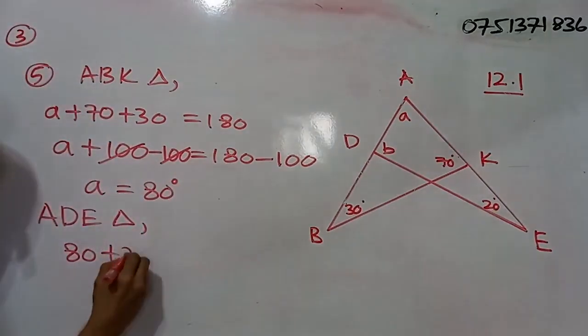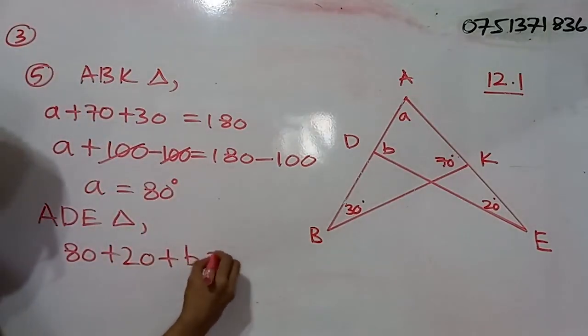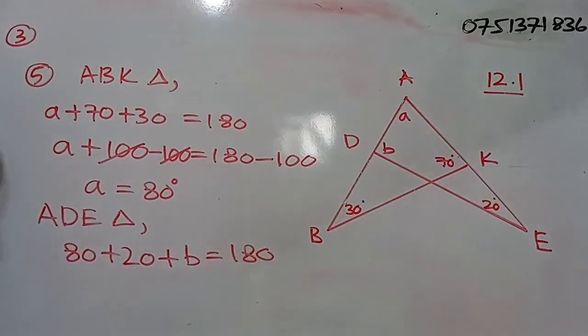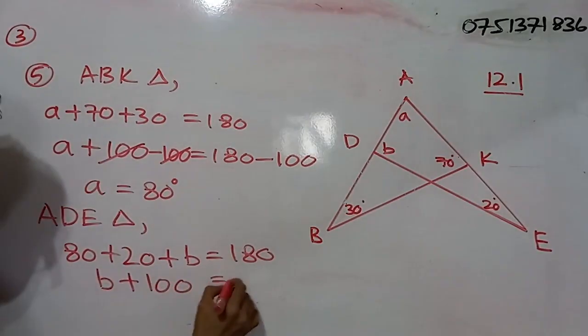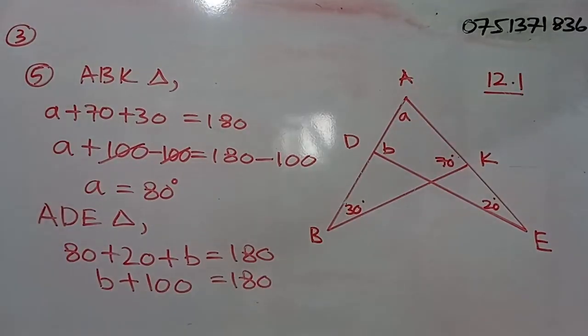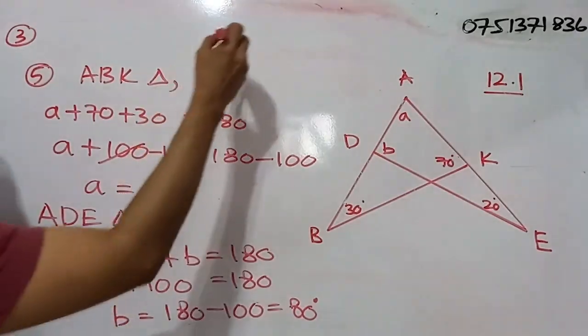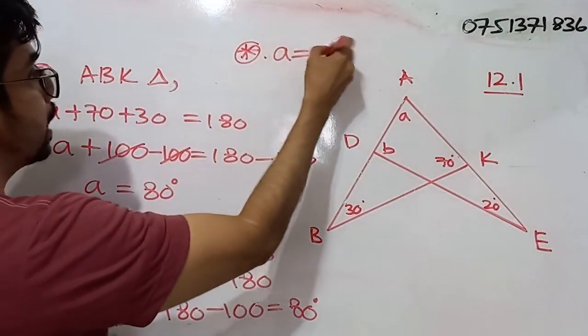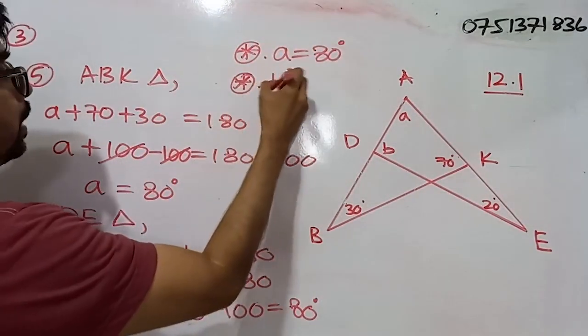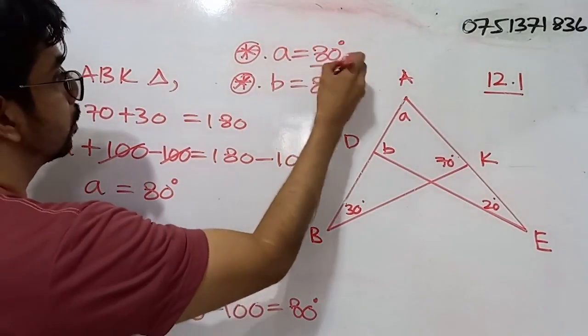Here we have 20 degrees and B, that is equal to 180. So B plus 100 is equal to 180. So B is equal to 180 minus 100, which is 80 degrees. So here angle A is 80 degrees and angle B is 80 degrees.